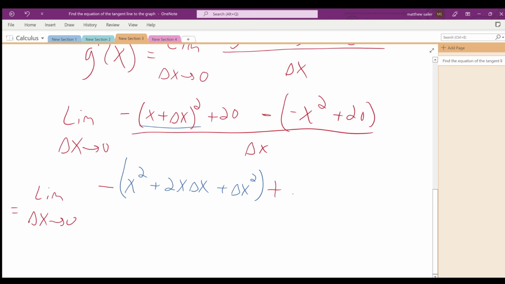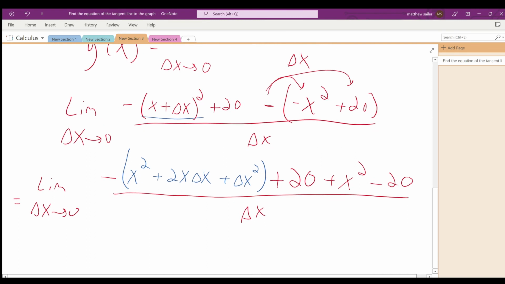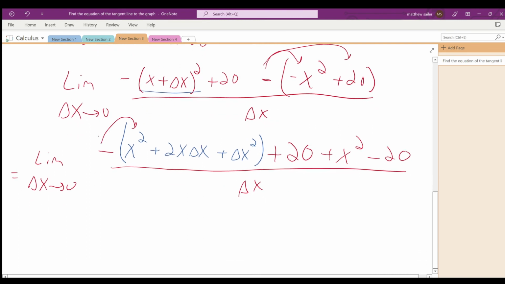And we're still going to have that plus 20. Now we're going to distribute the negative, and we'll get plus x squared minus 20 all over delta x. And we need to distribute this negative as well.